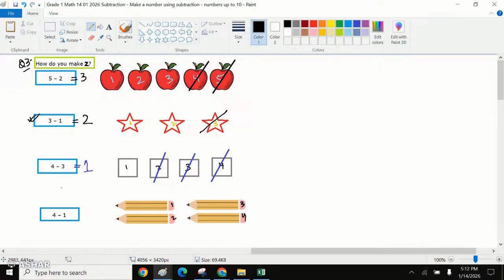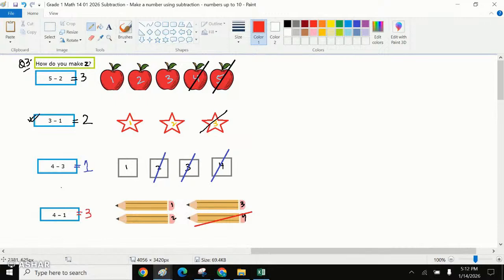How many do we need to remove? We need to remove 1 out of these, so we remove 1 pencil. How many pencils are left? We are left with 3.